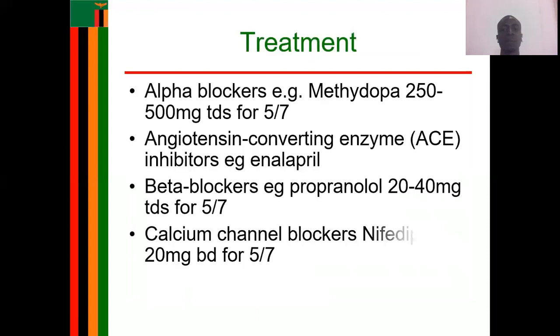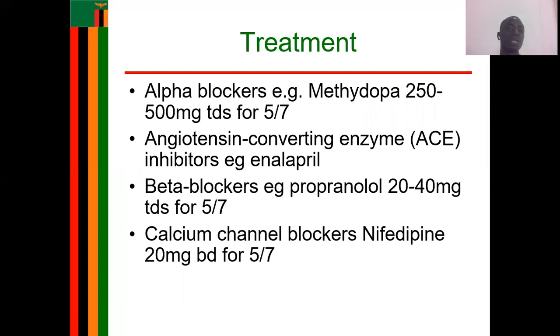Treatment of hypertension: you can give antihypertensive drugs such as methyldopa, 250 to 500 milligrams for 5 days. You can give ACE inhibitors, and beta blockers such as propranolol or atenolol, propranolol 20 to 40 milligrams for 5 days.